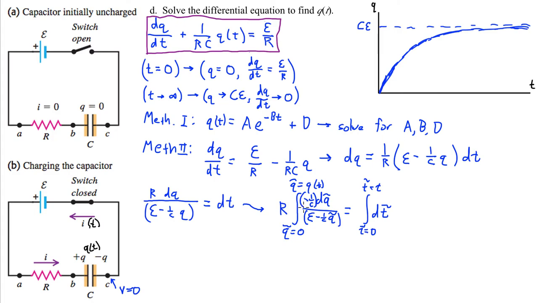So negative 1 over c. So I'm plugging in the negative 1 over c there, which means I have to plug in a negative c out front. Okay.